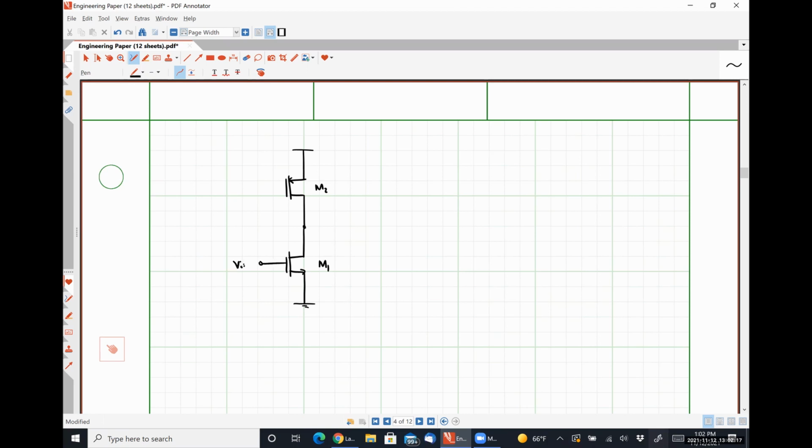So let's call this guy BN. This is our output node, the out. So this is obviously representative of what the left-hand side of our op amp is going to look like.